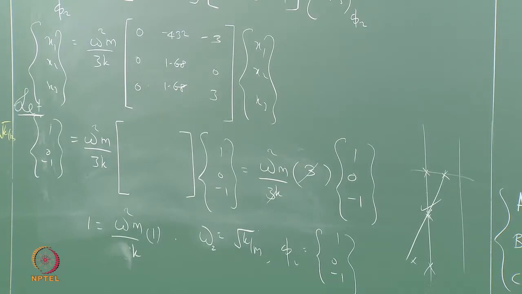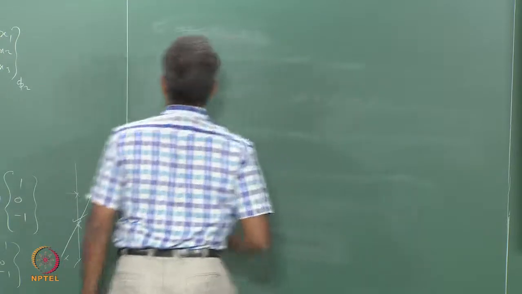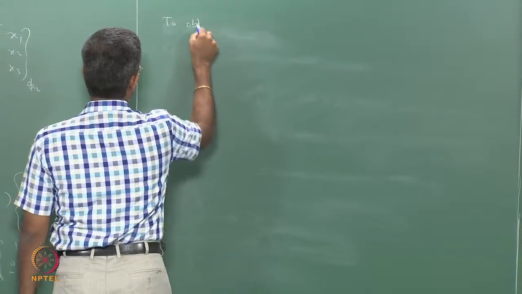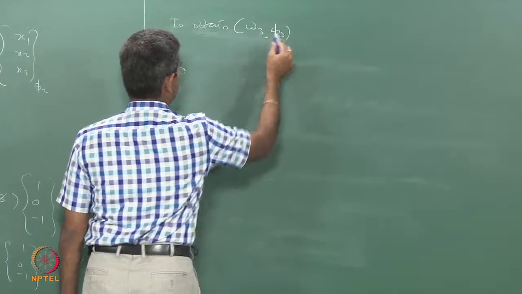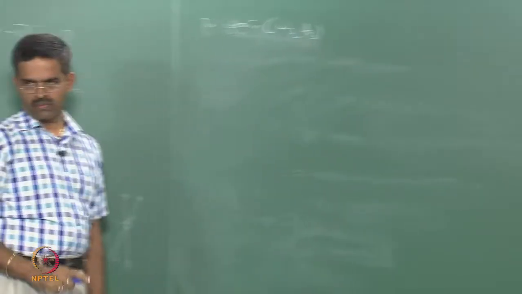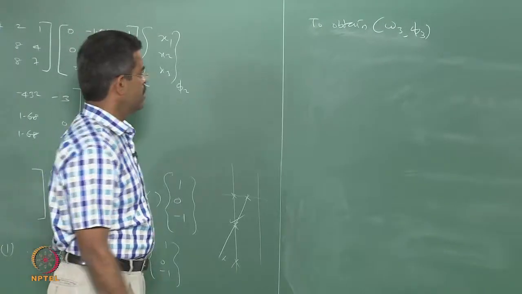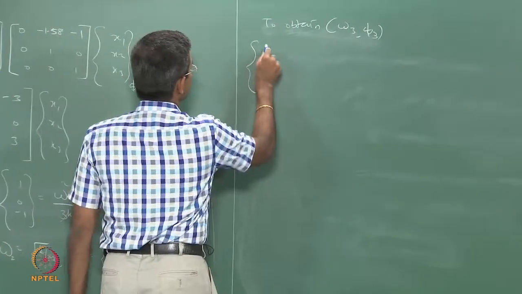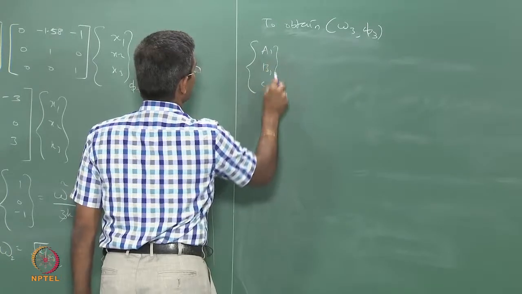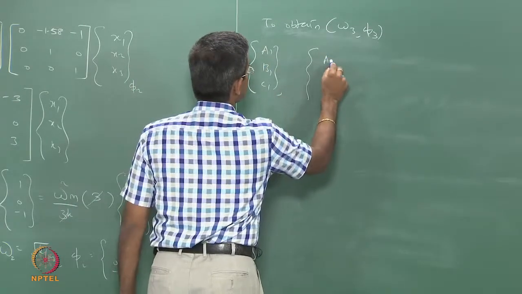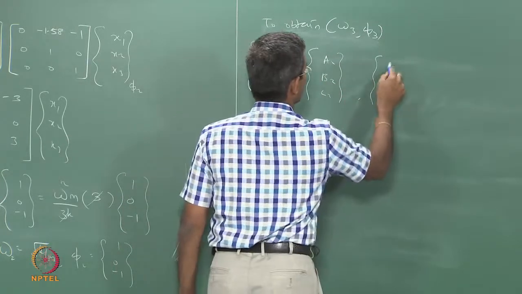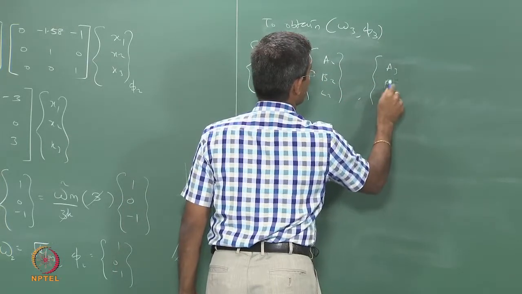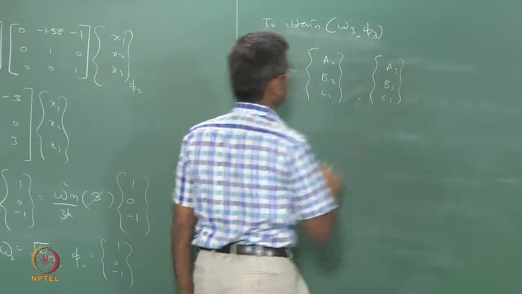Let us try to get the third one. So, now to obtain omega 3, phi 3, again by the principle of orthogonality, let A1, B1, C1, A2, B2, C2 and A3, B3, C3 be orthogonal vectors.